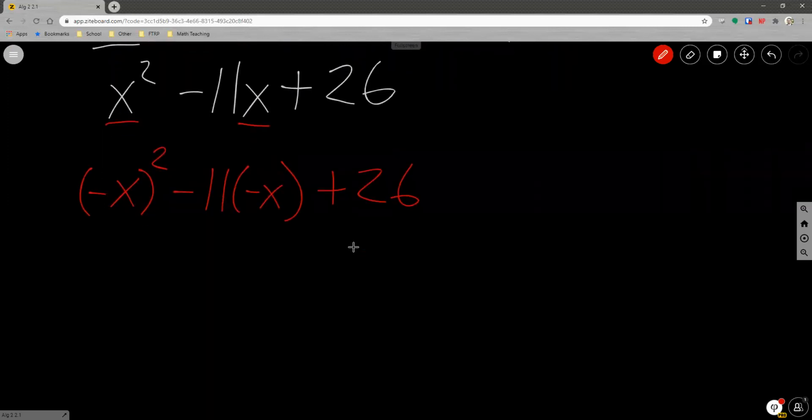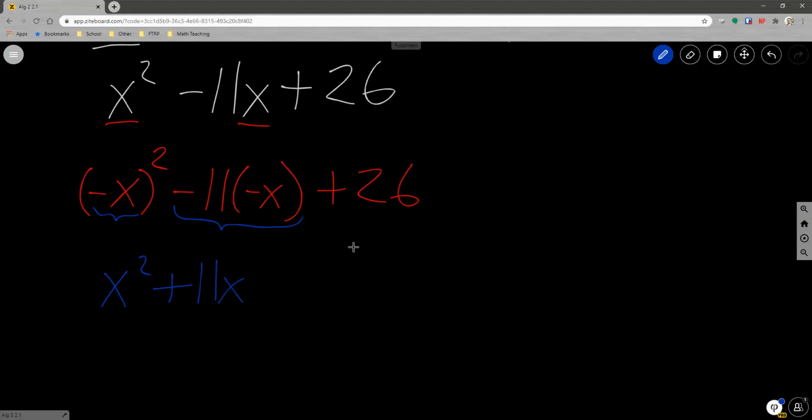Negative x times negative x gives me x squared. Negative 11 times negative x, and let's go away from red. Let's redo this really quick. So negative x squared is just negative times negative, which is positive, x times x, which is x squared. Negative 11 times negative x, negative times negative is positive 11x.